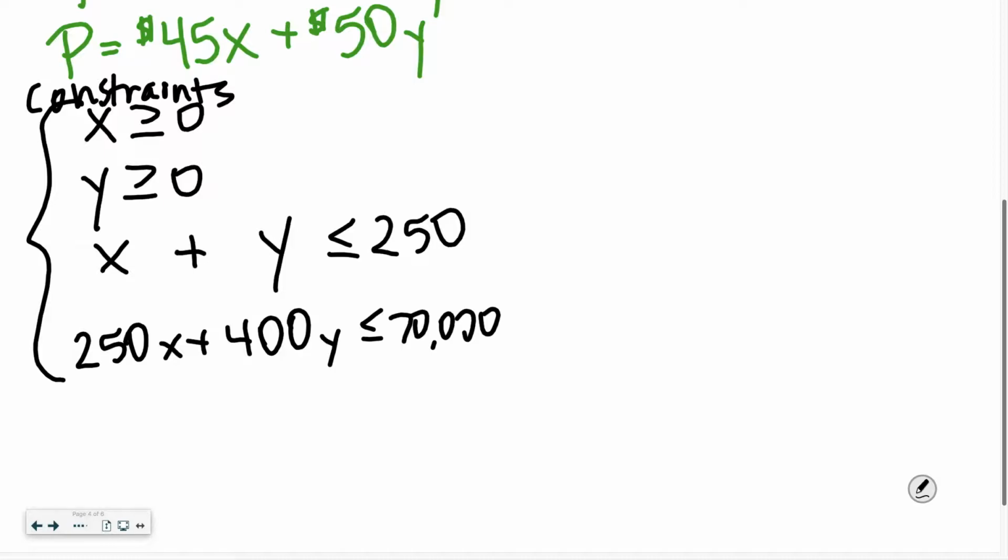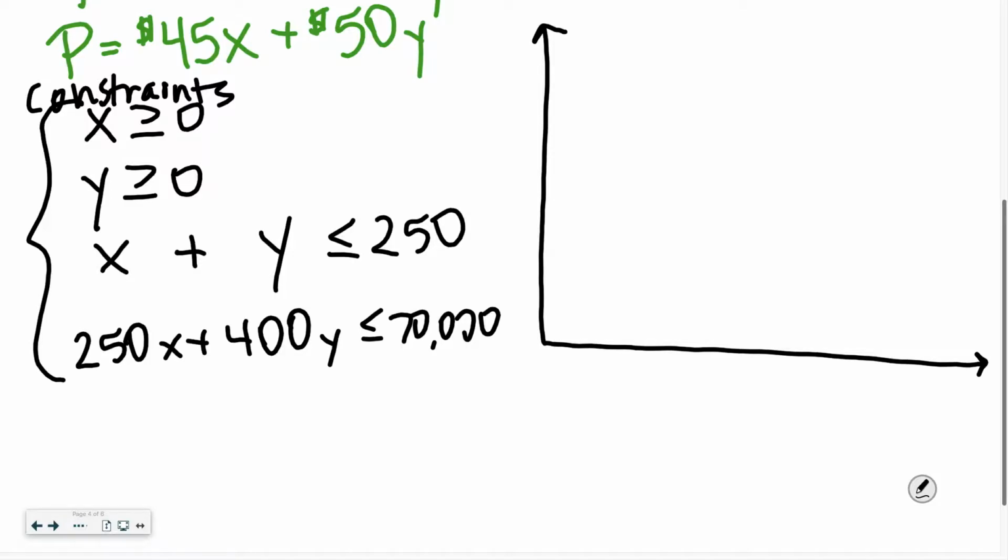All right. So, I'm going to graph my first two constraints. Here they are, right? Okay, I beg of you, do not take these two inequalities and graph them in slope-intercept form. I really don't want you graphing y equals negative x plus 250, plotting 250 going over one down.